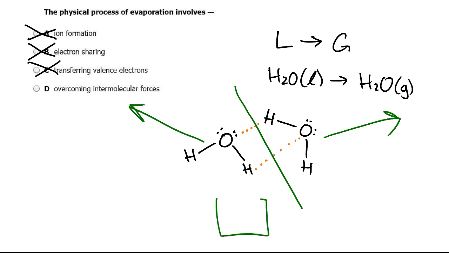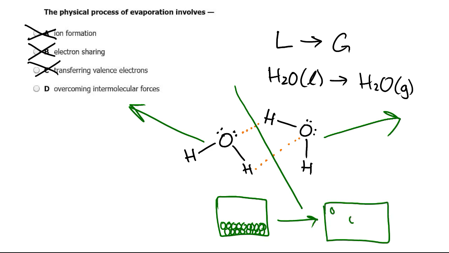So a liquid is going to have really close particles that take the shape of the container and has a certain volume but no shape of its own. And then a gas would be the particles are now separated and have very little interaction with each other, and they're flying off in different directions.